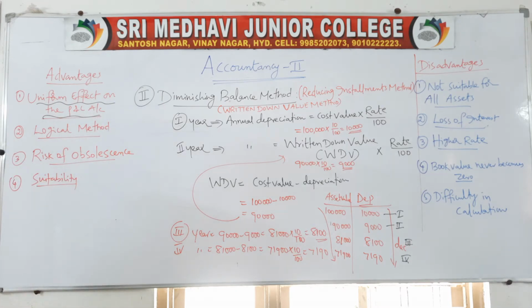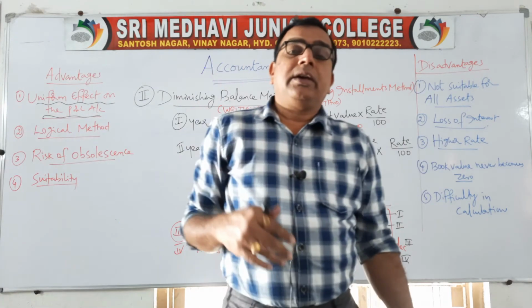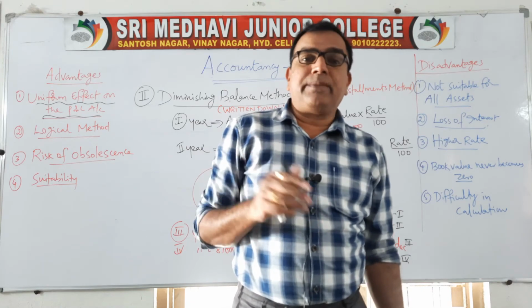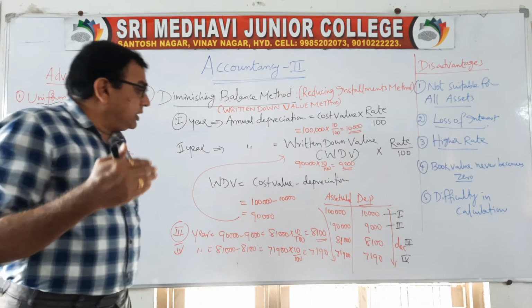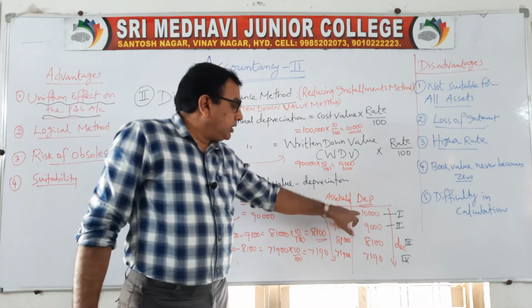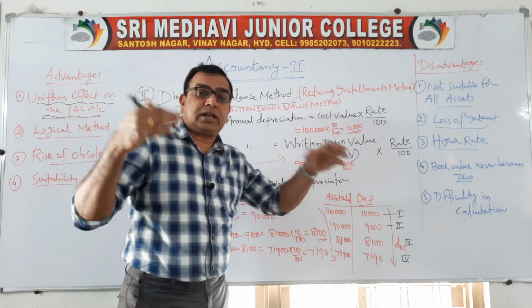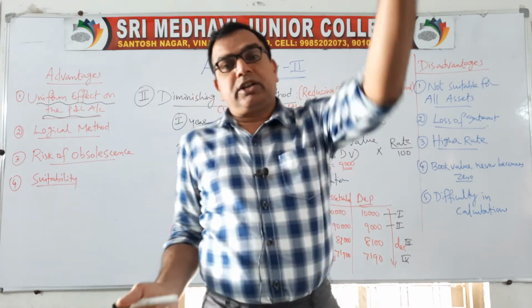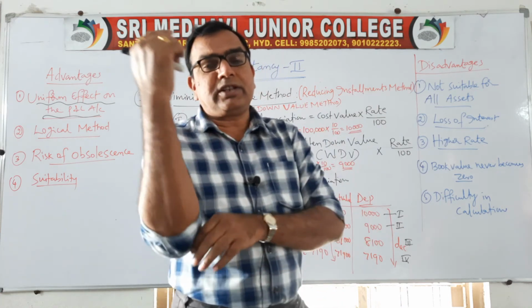What do you mean by uniform effect on the profit and loss account? Means we take the depreciation as well as repairs cost both on the debit side of profit and loss account. As you know that in the initial stage of the asset, depreciation amount will be more, whereas repairs cost will be less because the asset is new. You need not spend much amount on repairs and modifications or some renewals.